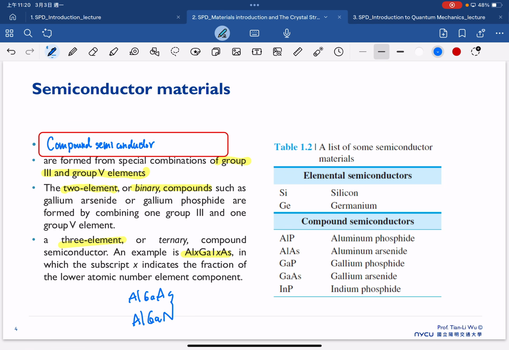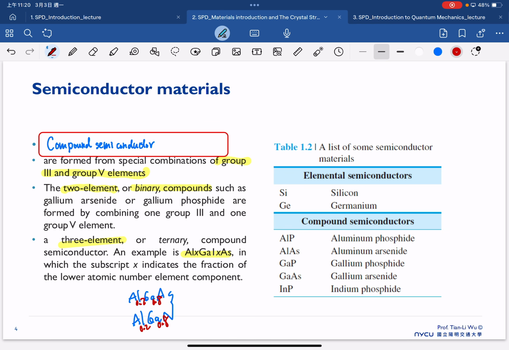In the case of the 3 element compound, we can also have different content percentages of aluminum or gallium. For example, we can have 20% aluminum and 80% gallium nitride.